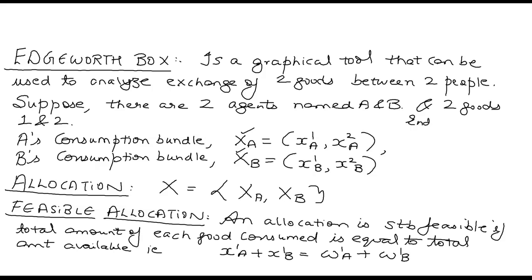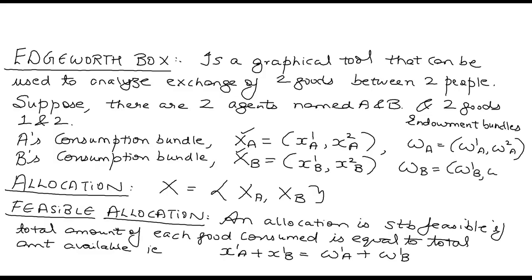These are my endowment bundles. Now, agent A's endowment bundle is omega 1A and omega 2A, and agent B's endowment bundle is omega 1B and omega 2B.